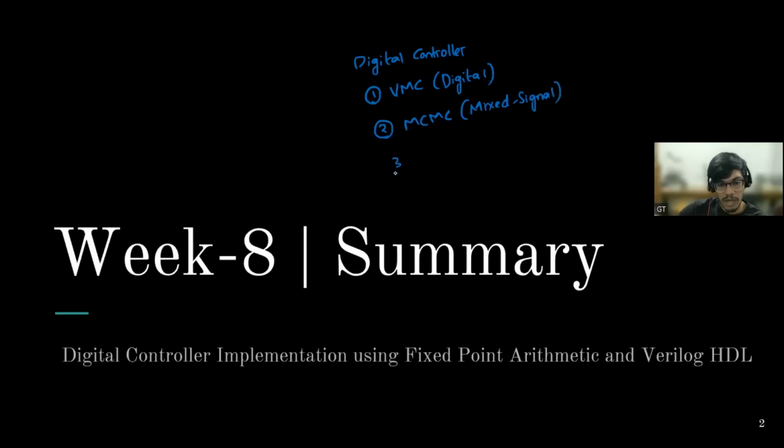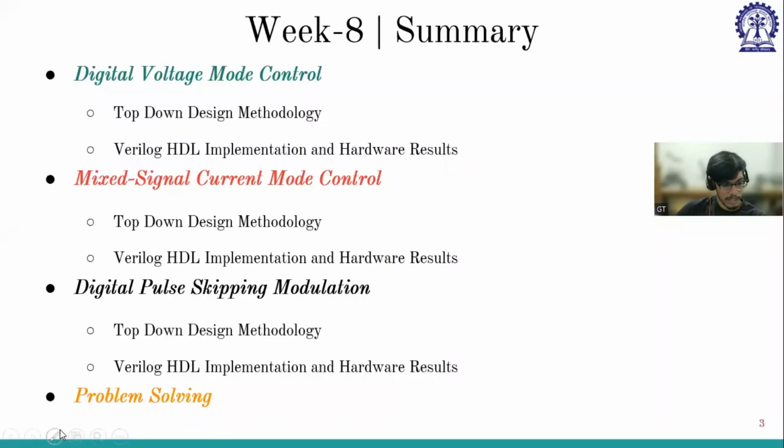And then we also discussed the digital PSM, and then we discussed a few problems. If you go into the summary, we have the digital voltage mode control. Here again it is mixed signal, two loops.